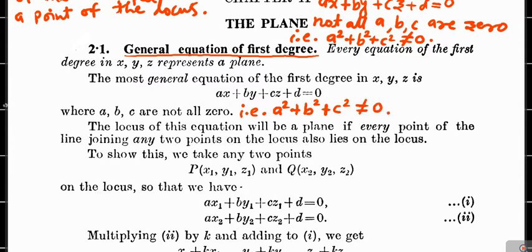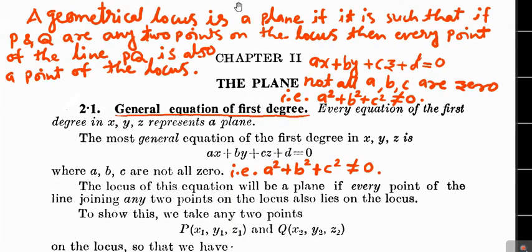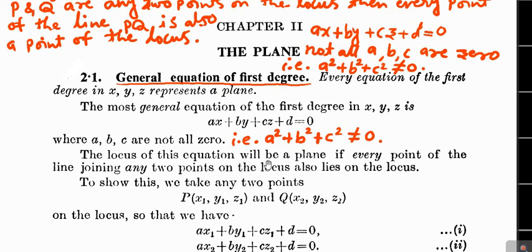Then, as explained just now, the locus of this equation will represent a plane if it satisfies this defining property: if every point of the line joining any two points, suppose the points are P and Q, on the locus also lies on the locus.